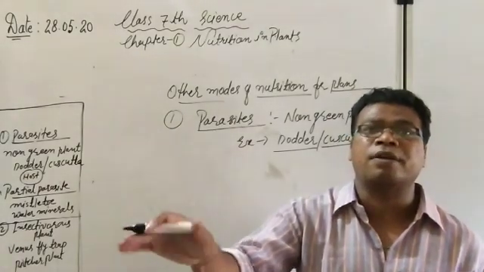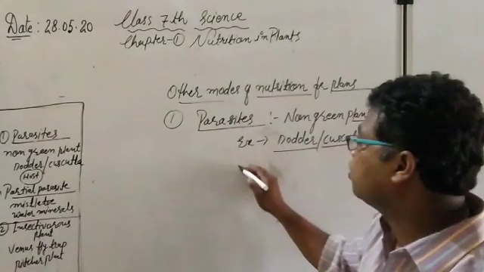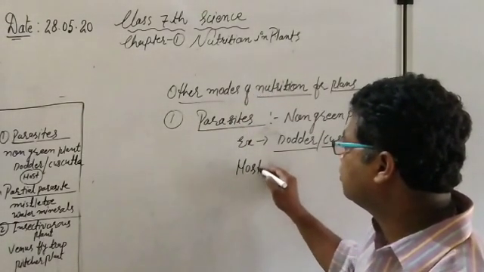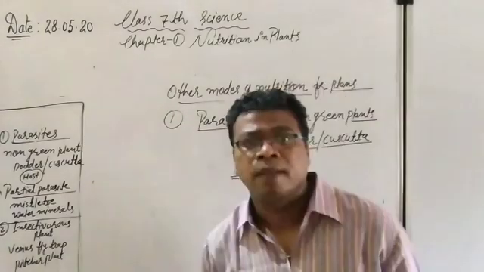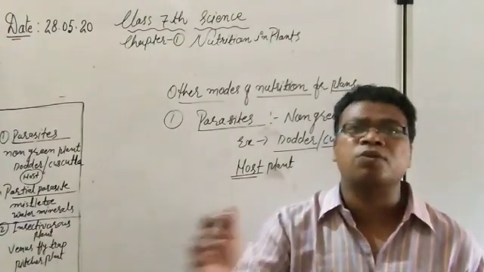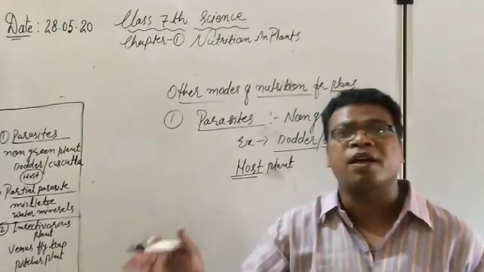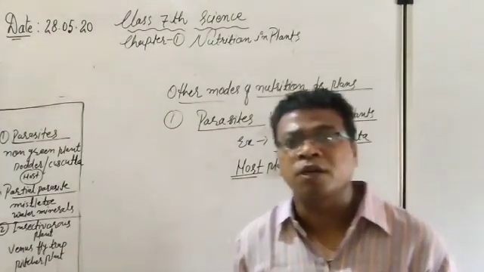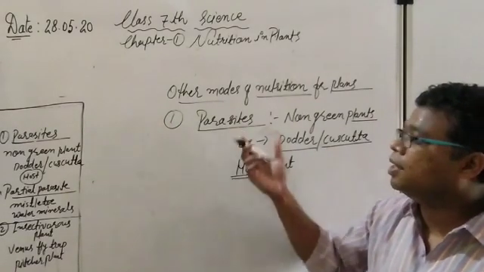And that particular plant, from where they are getting their food, is known as the host plant. What is the meaning of host here? Host means mezban, meaning they are surviving on another plant. Because of the other plant they are going to survive. So the main plant, from where they are getting their nutrition, their food, is known as the host plant, and in this way they survive.